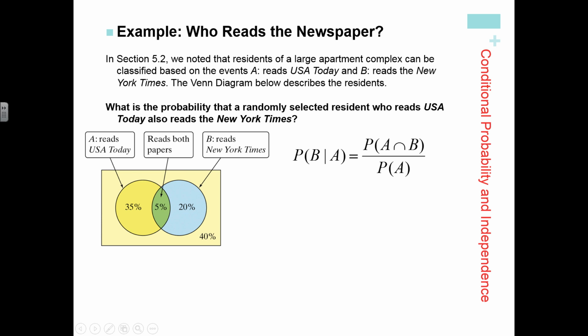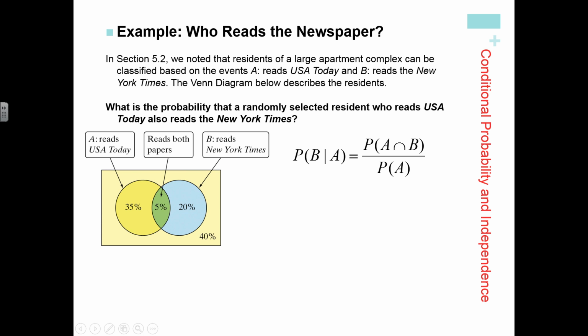In this case, my B is New York Times, because I want the probability that they read New York Times given that I know they read USA Today. So A is USA Today. Using this formula, I need to figure out the probability of A and B. Well, that's just the intersection of A and B, which is 0.05, over the probability of A. Well, the probability of USA Today is not 0.35, but it's 0.4.